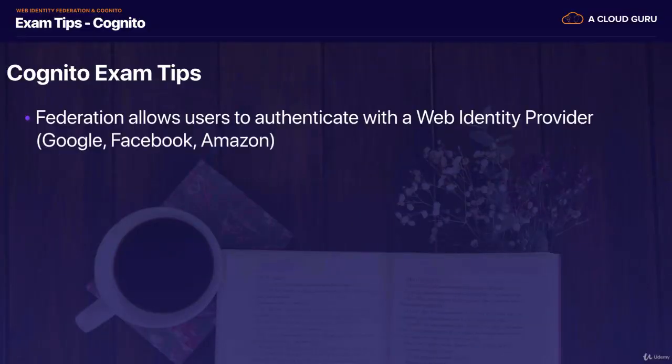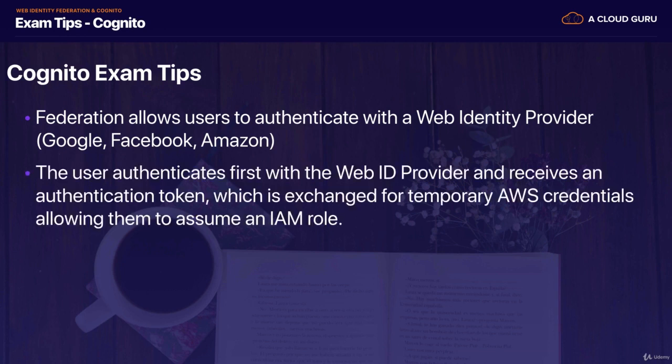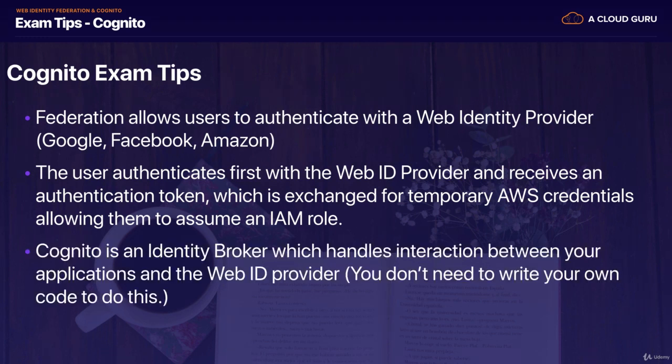So Cognito allows us to do web identity federation. Federation essentially allows users to authenticate with web identity providers such as Google, Facebook, and Amazon. And essentially the way it works is the user authenticates first with the web ID provider and receives an authentication token, which is then exchanged for temporary AWS credentials, allowing them to assume an IAM role.